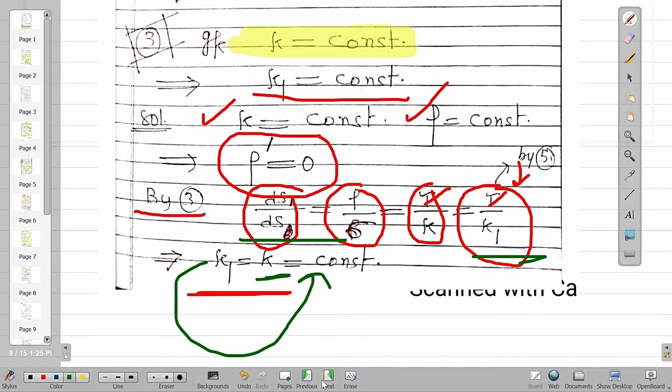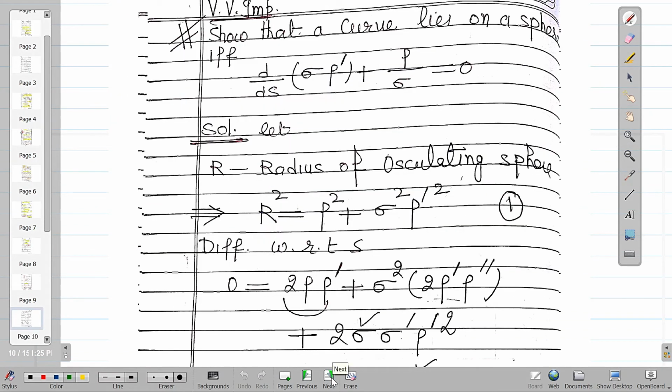All the three properties of osculating sphere are very important, and at least one of them will be in the exam. Now, this result is again on the basis of osculating sphere, and this is a very important result for exam, right? Now, in order to prove this result, we should remember the equation.